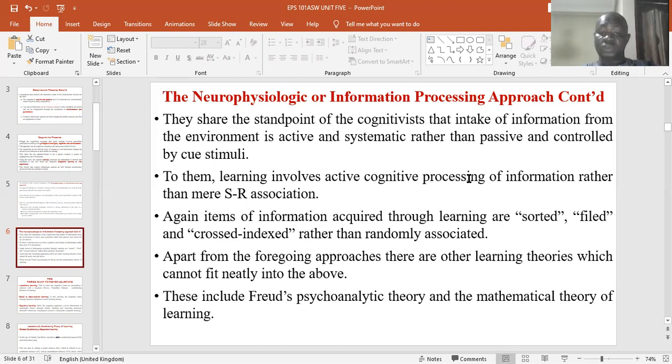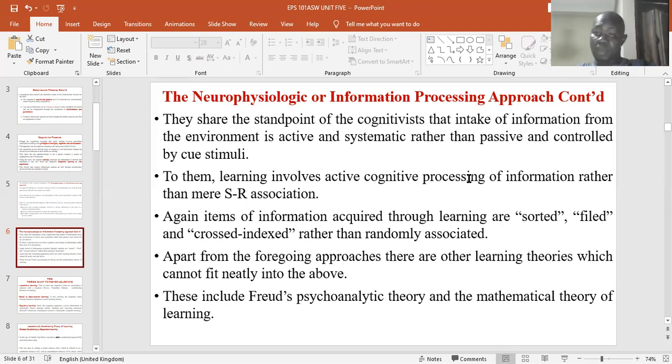Again, items of information acquired through the learning are sorted, meaning we try to take the better ones. They are filed. We try to arrange according to how it's supposed to be done. And they are cross-indexed. They try to create linkage among the various information that the person is exposed to, rather than trying to randomly associate them from A to Z.